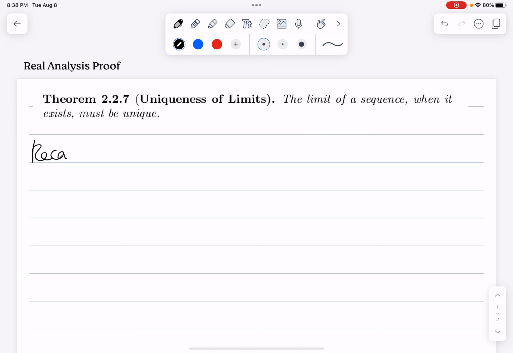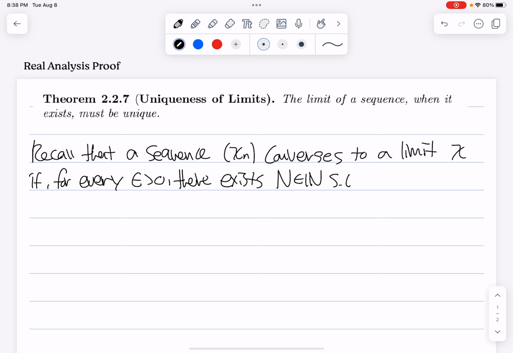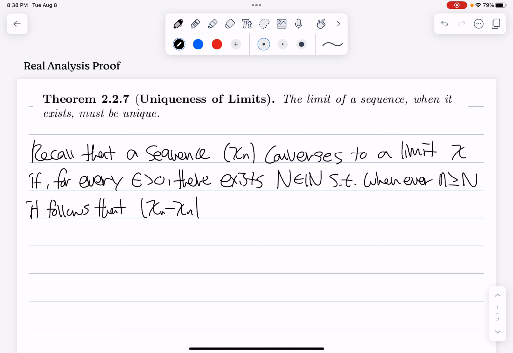Recall that a sequence, let's say xn, converges to a limit, call it x, if for every epsilon greater than 0, there exists a big N in the natural numbers such that whenever small n is greater than big N, it follows that the absolute value of xn minus x, the distance between the limit and the terms of the sequence, is less than epsilon.